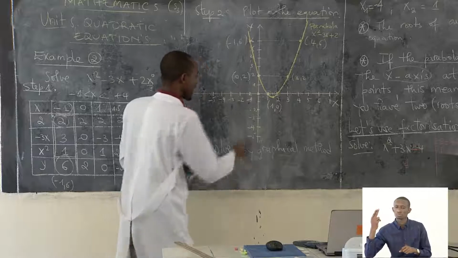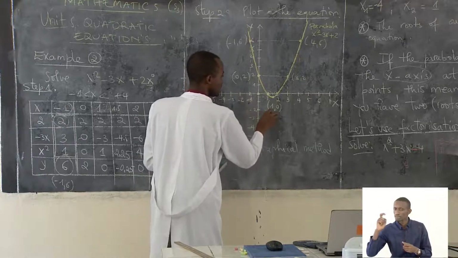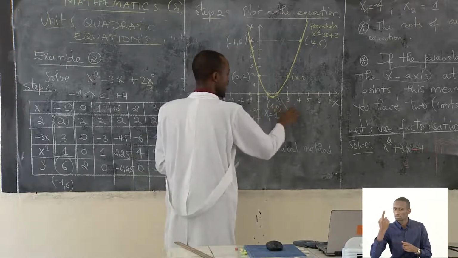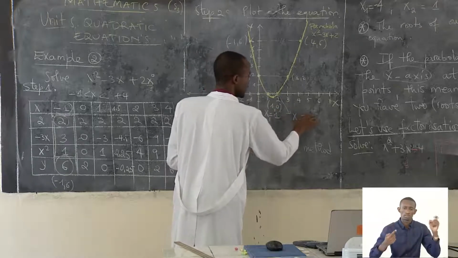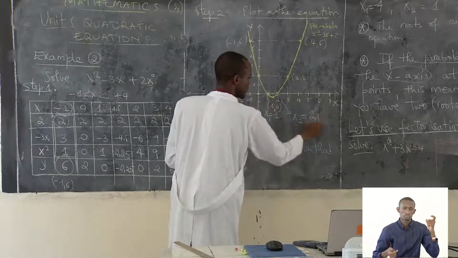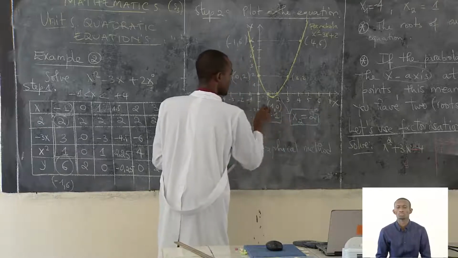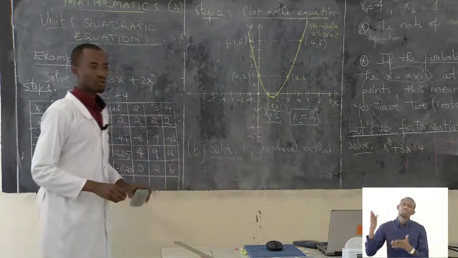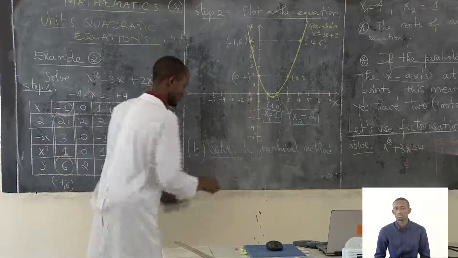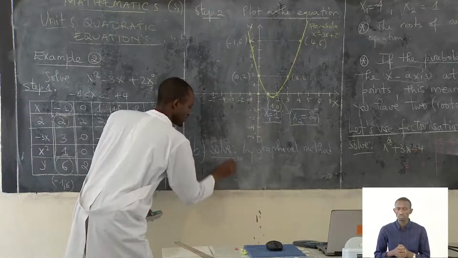So one x is at 1, and the other x is at 2. These are the values of x you get, and we call them the roots. We have 2 roots.